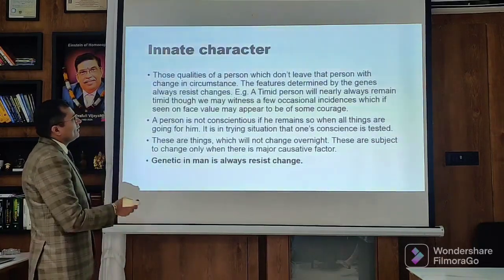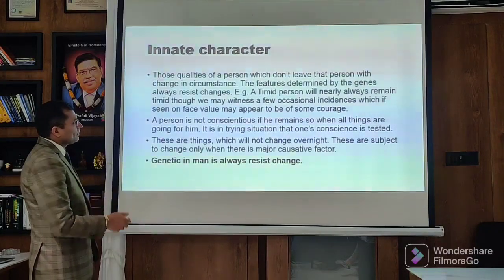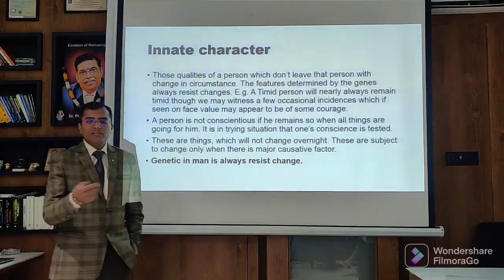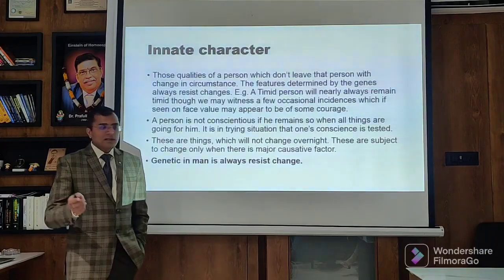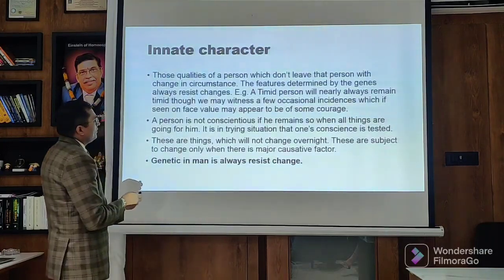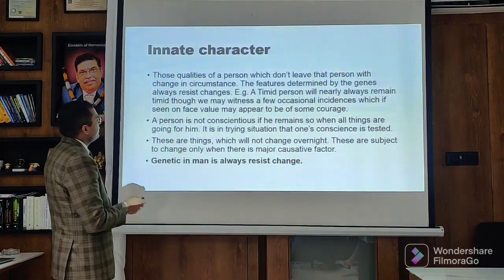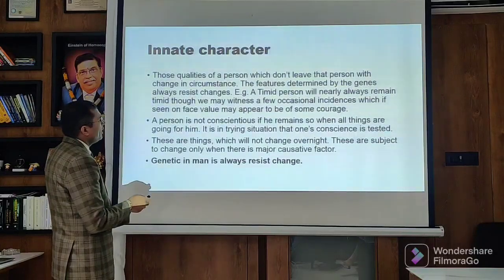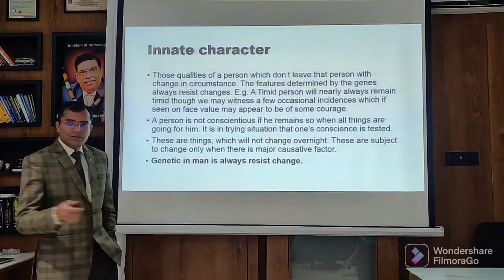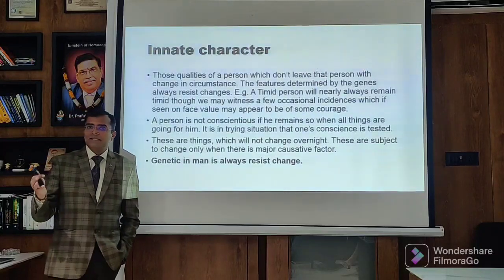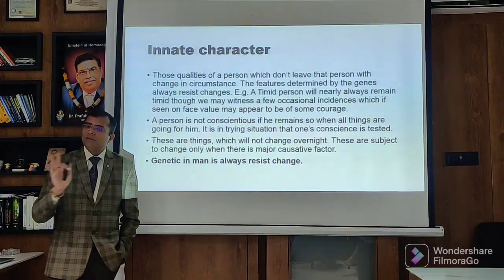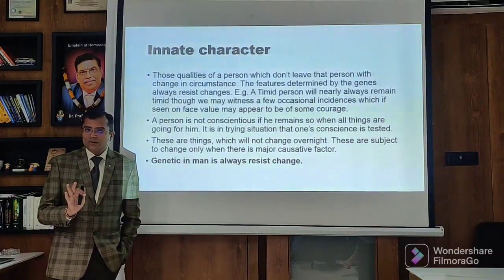For example, the features determined by the genes always resist such change. For example, timid persons will remain always timid. Throughout, a few occasional incidents, if seen at face value, may appear to be of some courage. But that doesn't mean that once he showed courage, his timidity has gone. Timidity remains timidity.